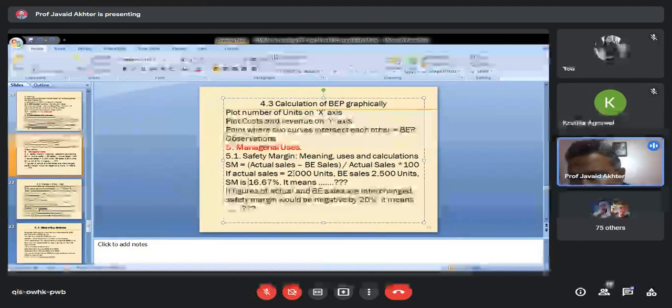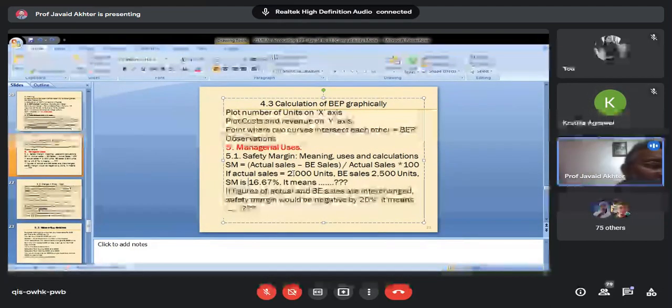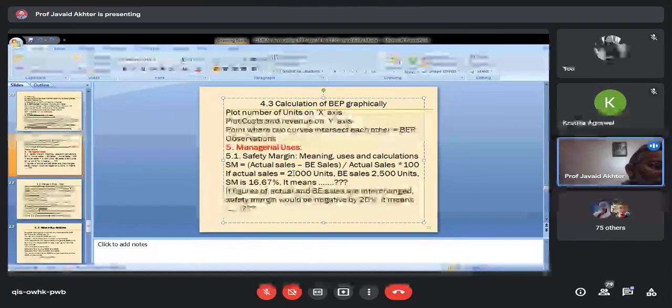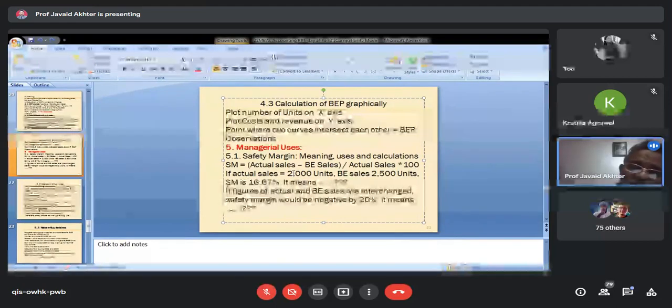Can you do that or not? Yes, sir. The moment you draw a 90-degree angle on your x-axis and take it up to both the curves, sales and cost, you will come to know the safety margin, either positive or negative. Is it fine?